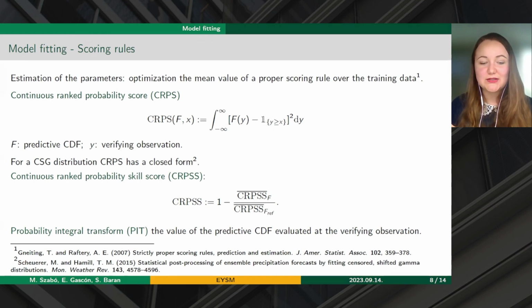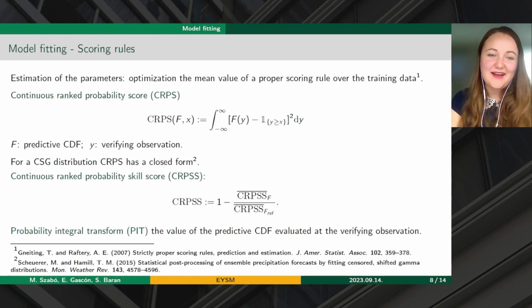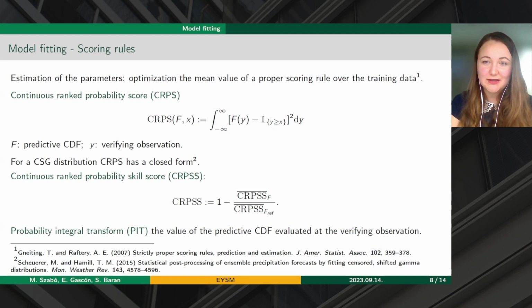In terms of validating the model that we have trained, we can use the CRPS as well, but there are also different kinds of scores, like the Brier score and the quantile score and so on. We cannot go into much more detail on that for the lack of time. But there are also skill scores that we can calculate, which are calculated in terms of a reference forecast.